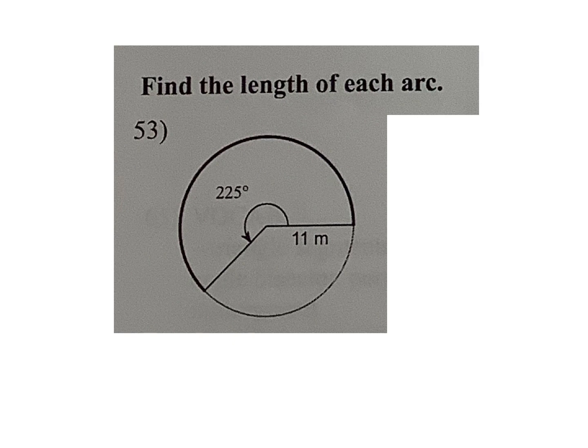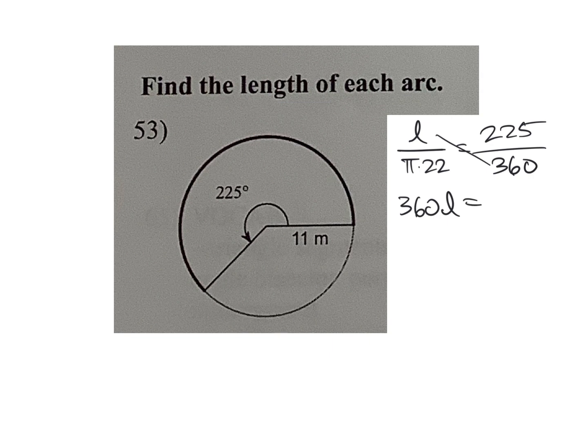Okay, now the length of the arc. The length of the arc is to the circumference, pi times your diameter, 22, as the degree is to the whole circle, 360. So we cross multiply, but instead of taking 225 times 22 times pi, let's treat pi like a variable, like it's x.